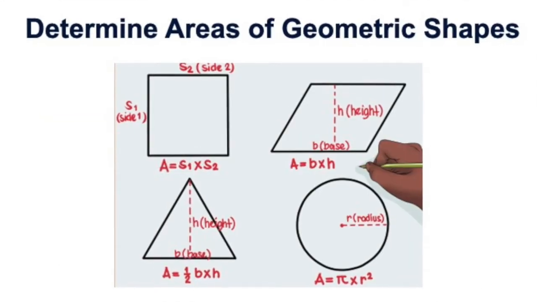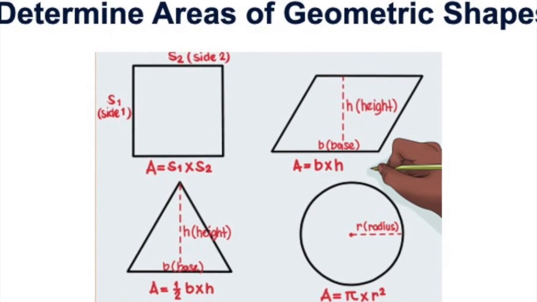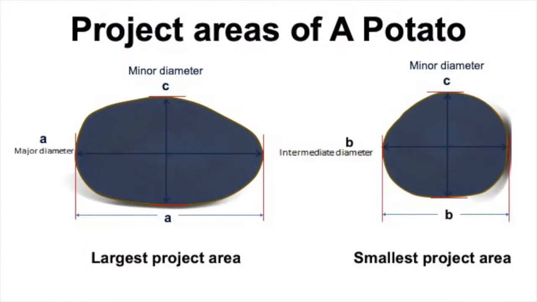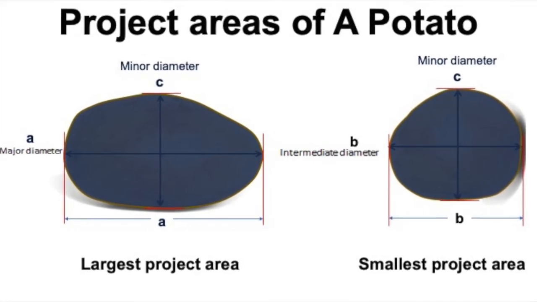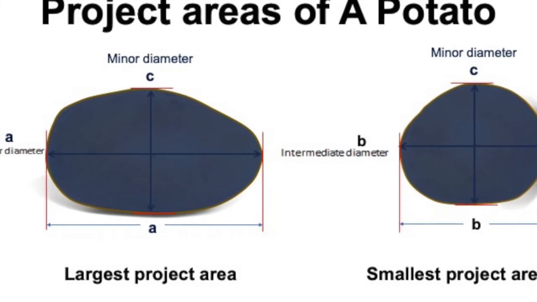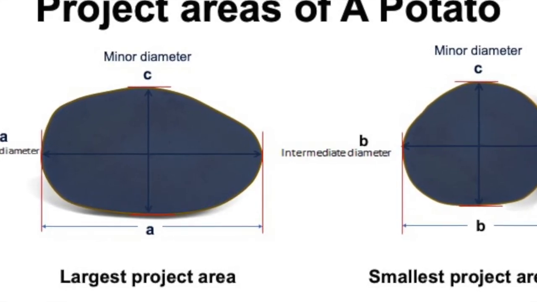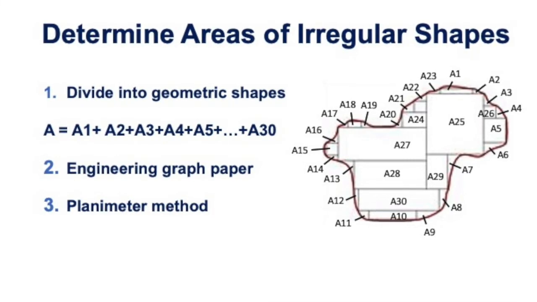The area of a regular geometric shape can be easily calculated by using existing formulas. However, there is no single formula to directly calculate the area of an irregular shape, such as the project area of a potato. There are at least three different methods that can be used to determine the area of irregular shapes.